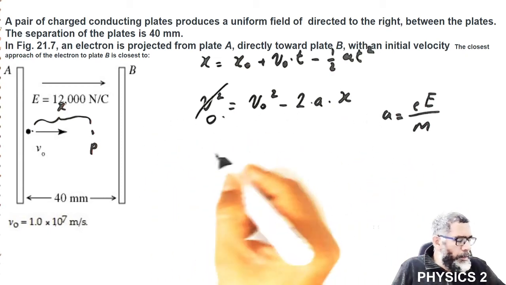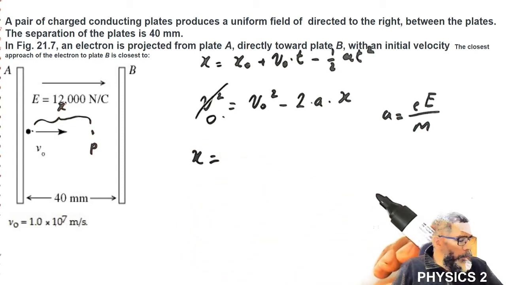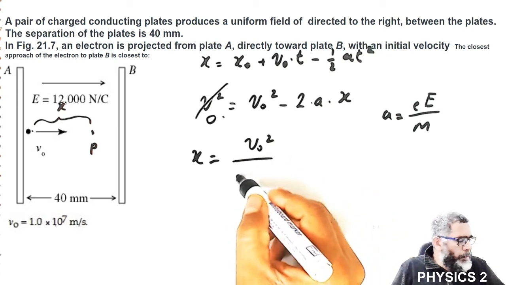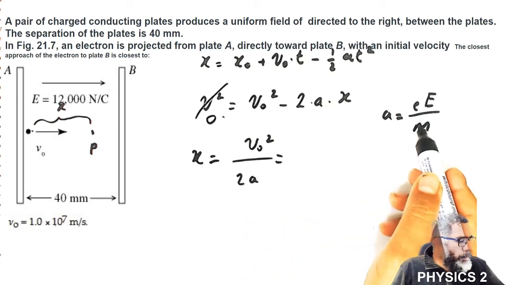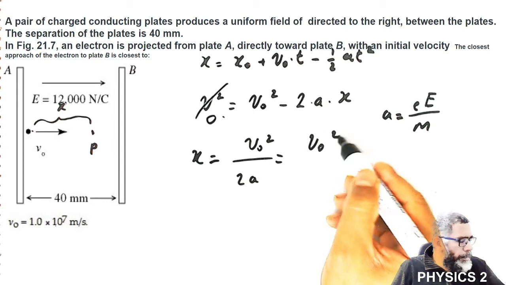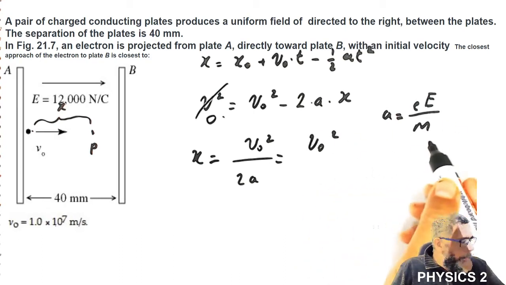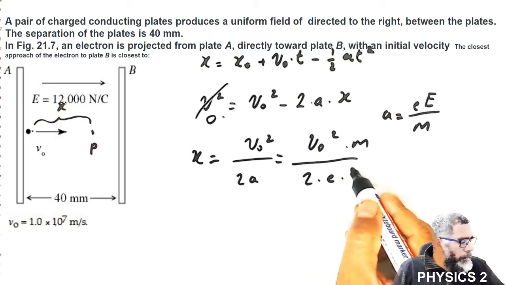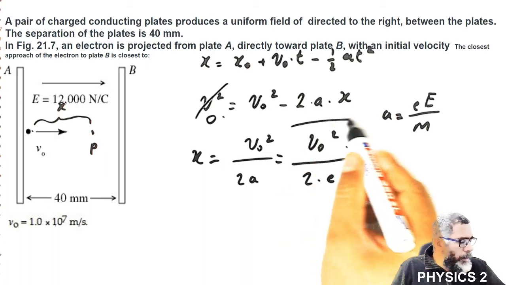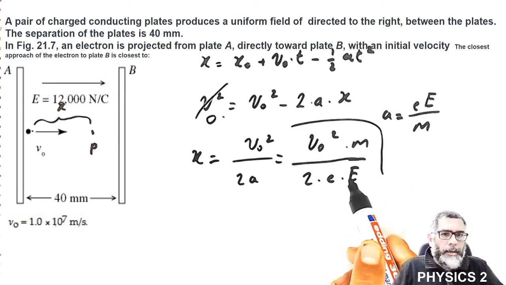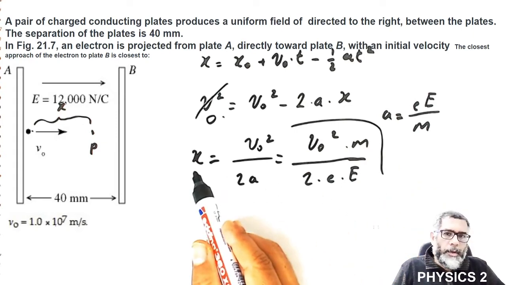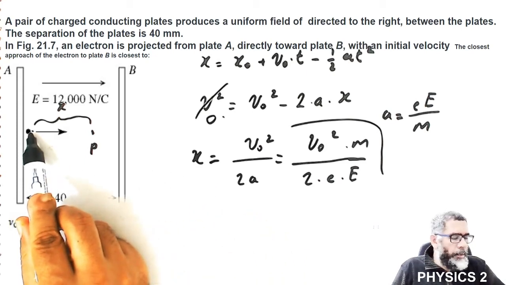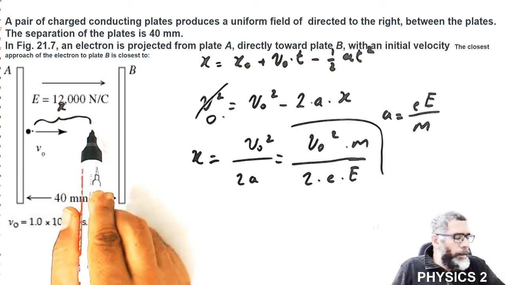So if you solve this equation for x, x is just v0 squared, the initial velocity squared, divided by 2 times the acceleration. If you put in the expression for the acceleration, that is m v0 squared divided by 2 times the charge of the electron multiplied by the magnitude of the electric field. So this is, in fact, the analytic expression for the distance that the electron goes from the initial point at plate A to this point.